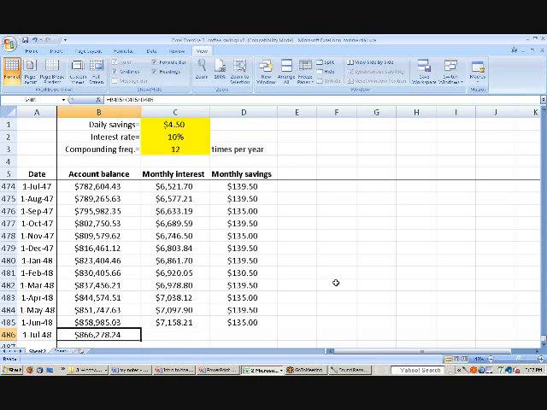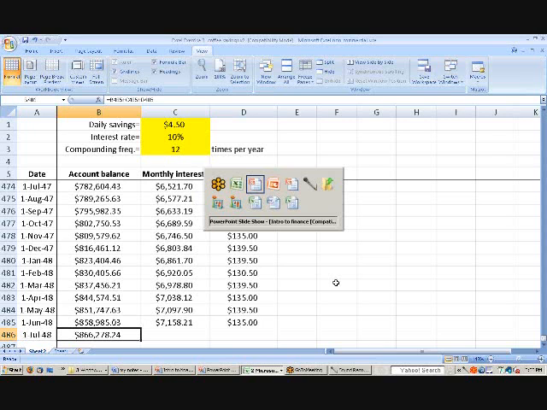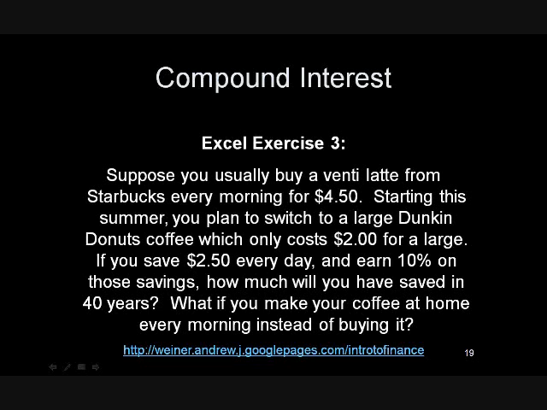So, again, we can accumulate phenomenal amounts of money by making prudent decisions about saving a little bit of money every day and putting it away and earning a return on that money. And decades down the road, that small amount of money every day turns into a lot of money. So that's it for this Excel exercise.